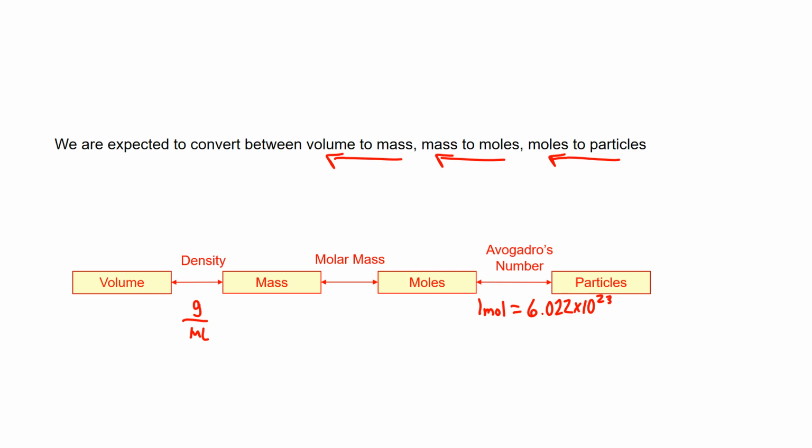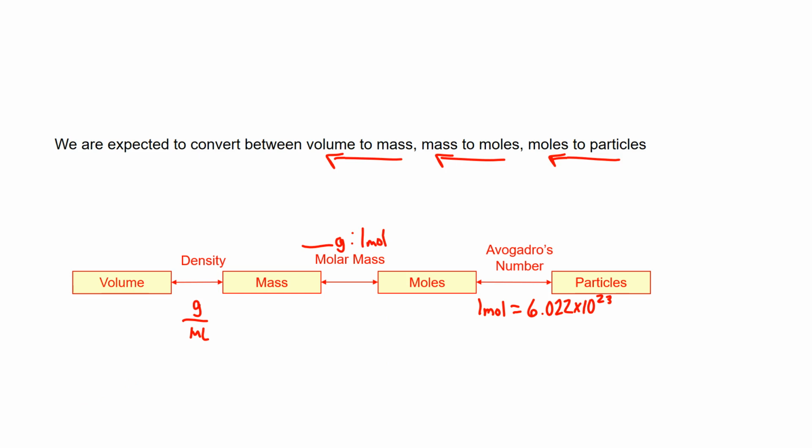So looking at these and looking at what's going on, I'm going to be using one of these things, because I know that whatever grams of my molar mass is equal to 1 mole of that substance. So I can use this as a conversion factor, I can use density as a conversion factor, and I can use that as a conversion factor.